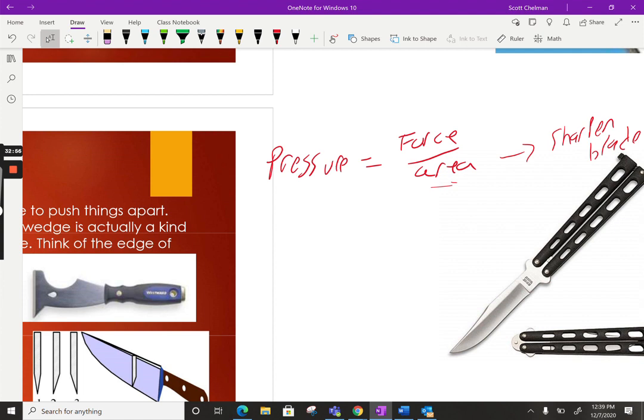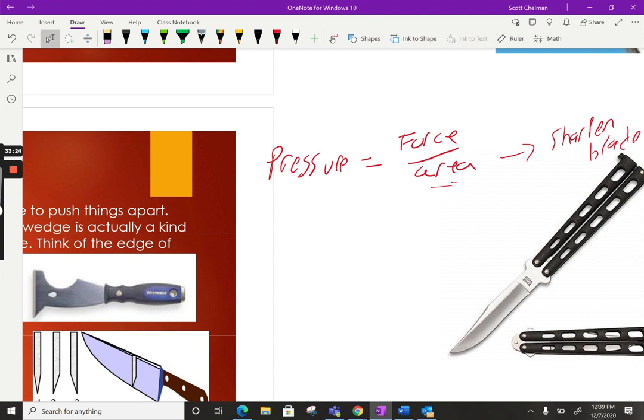Well, the pressure is going to be the same. You have to increase force, right? So instead of going like this, I have to go like this. Well, you can, but either way, it's not going to be as pleasant for her because you have to put more force on it, which is going to make it bruise more, but also if it's a bigger area, it's going to spread out the flesh more.